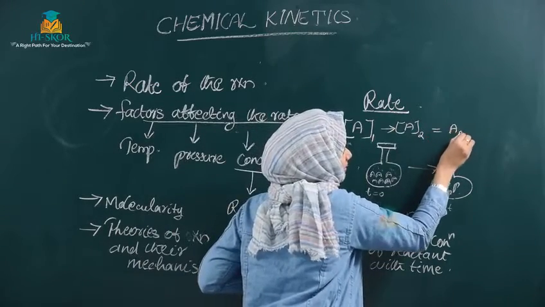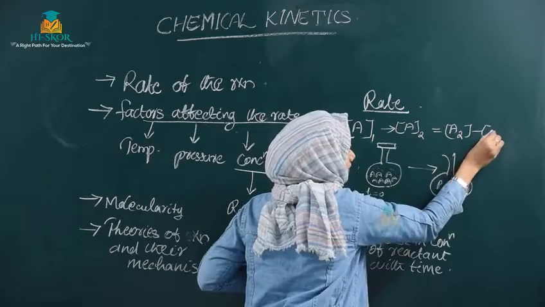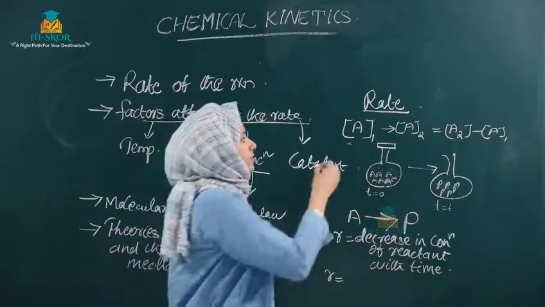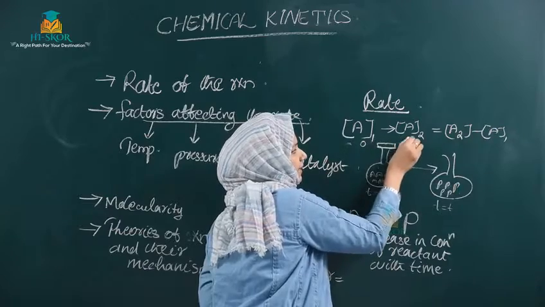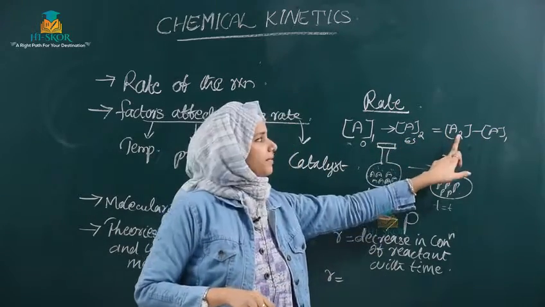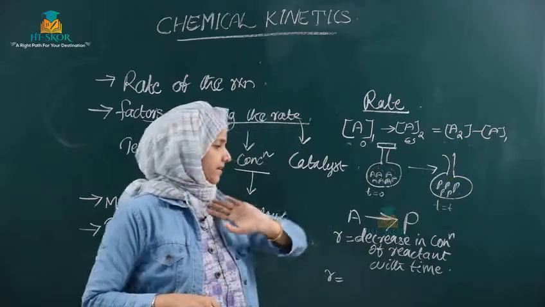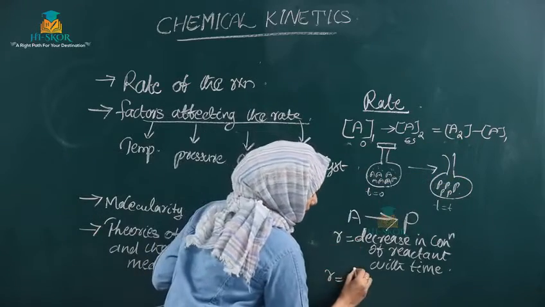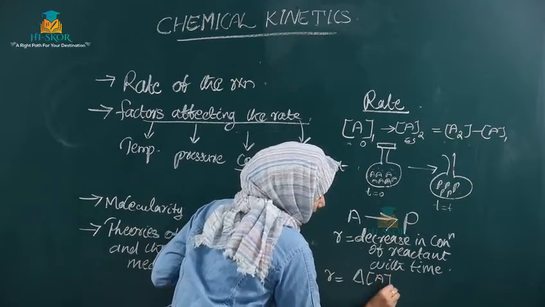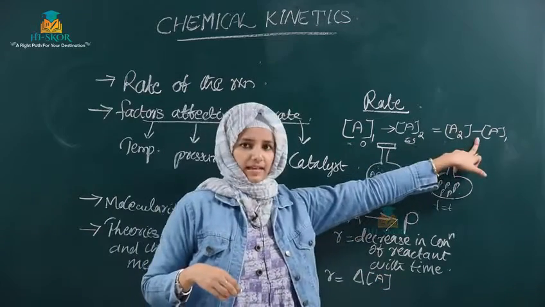A2 minus A1, and the corresponding time interval also you have to take. So after 5 seconds the change in concentration will be A2 minus A1. You can write this as delta A, where delta A means A2 minus A1.